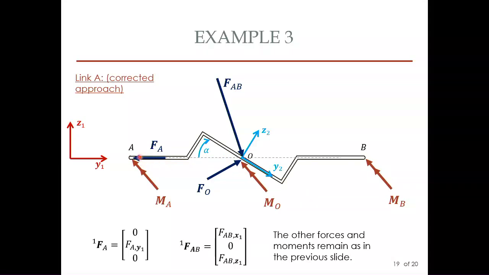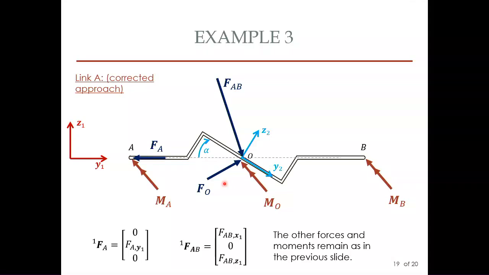FA only takes care of the no horizontal motion at A, and it has only one force component, and I put here FAB as the center of these 2 joints, preventing motion along X1 and Z1. Have a look. So FAB is the force that the ground applies on the shaft. FO is the force that the wheel applies on the shaft.